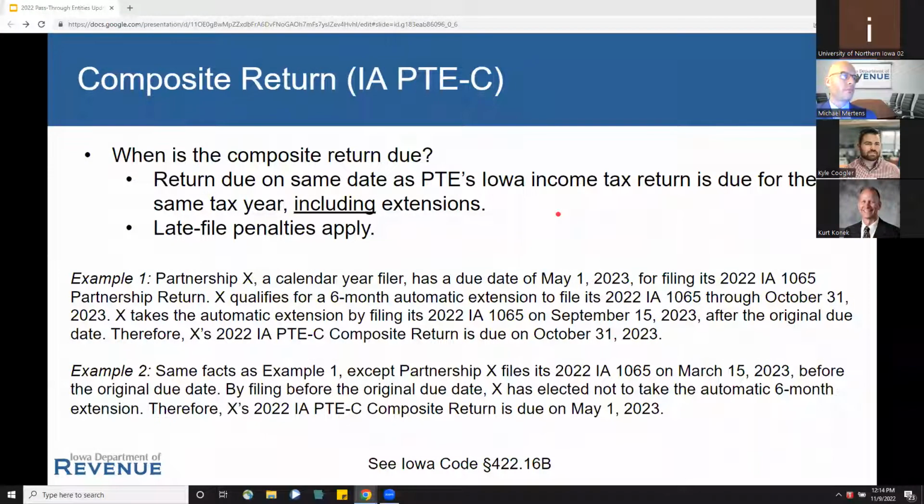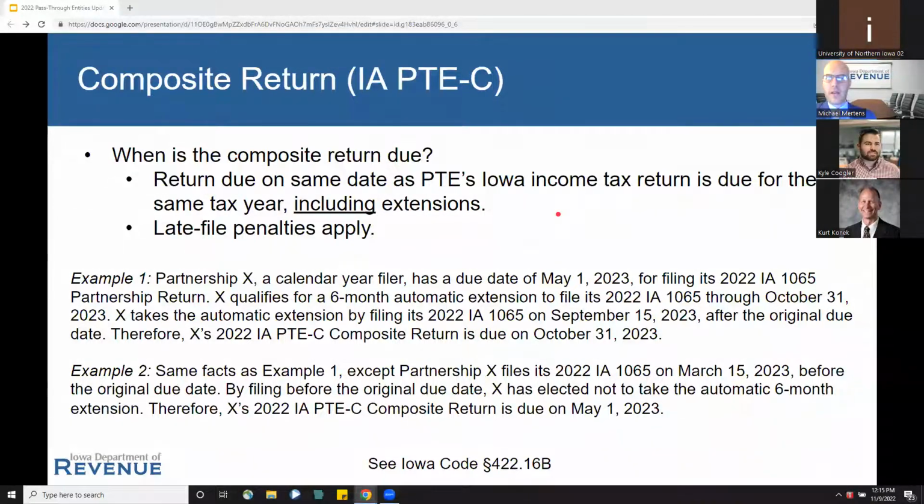So the partnership takes that extension by filing its 2022 partnership return on September 15th, which is after the original due date, which means its extended due date is October 31st, 2023. That would mean that the partnership's composite return for 2022 is also due on October 31st, 2023.